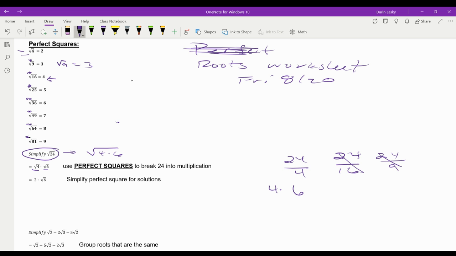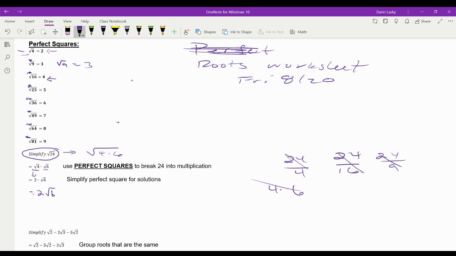Well, from our little chart up here, the square root of 4 is 2. So my answer is 2, and that little dot means times root 6. That's how you deal with simplifying perfect squares. Go to the perfect square that is just lower than what you're looking for and start dividing it into it.